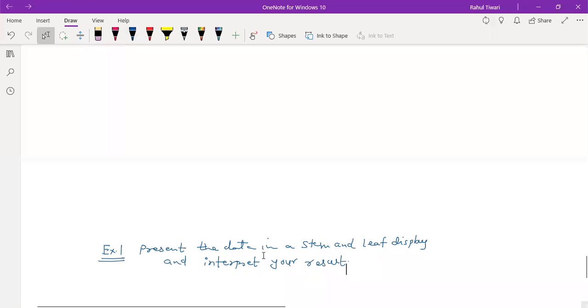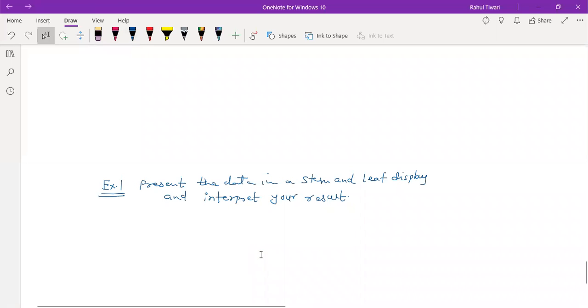Okay, so let's take the data. I'll take very small data. Let me take a small data set.